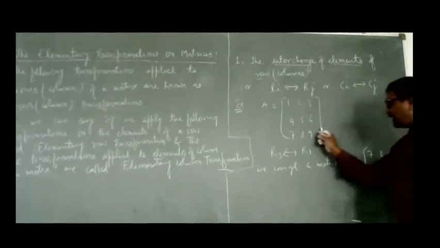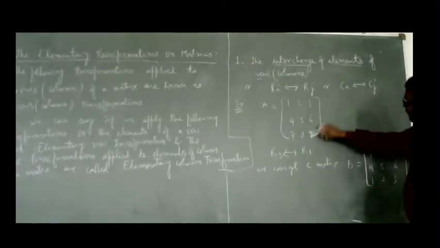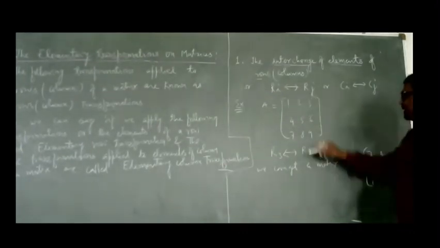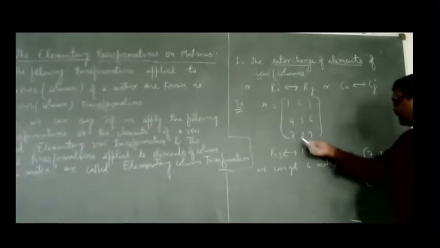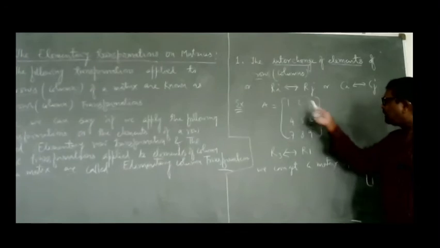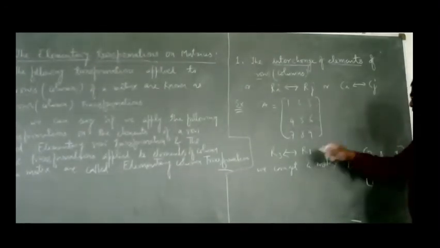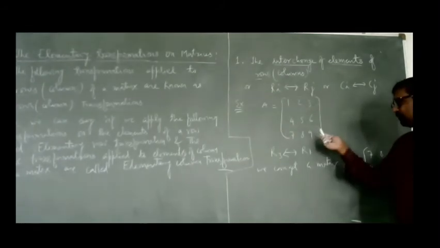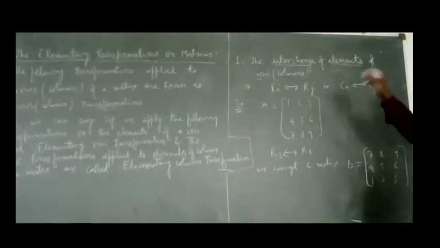Meaning thereby the third row is interchanged with the first row. The elements of the third row take the place of the elements of the first row, and the elements of the first row take the place of the elements of the third row. In this way, we have the interchange of elements of rows.